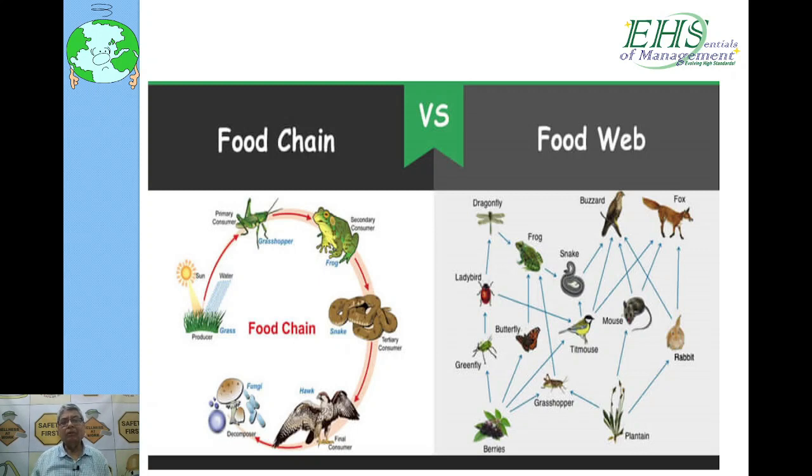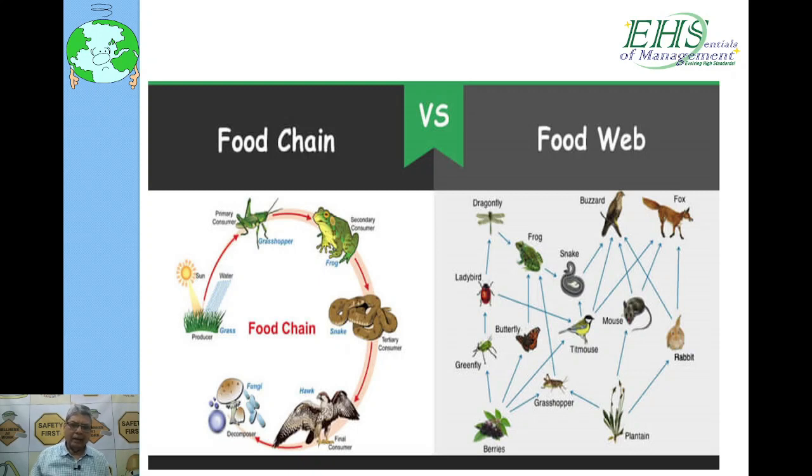There are n number of such single food chains. So the things are not so simple. They are complex. When we talk of the food web, you can see from this diagram that there are different food chains which are interlinked or overlapping. That means the frog is eaten by the snake, and the hawk or a buzzard eats the snake.